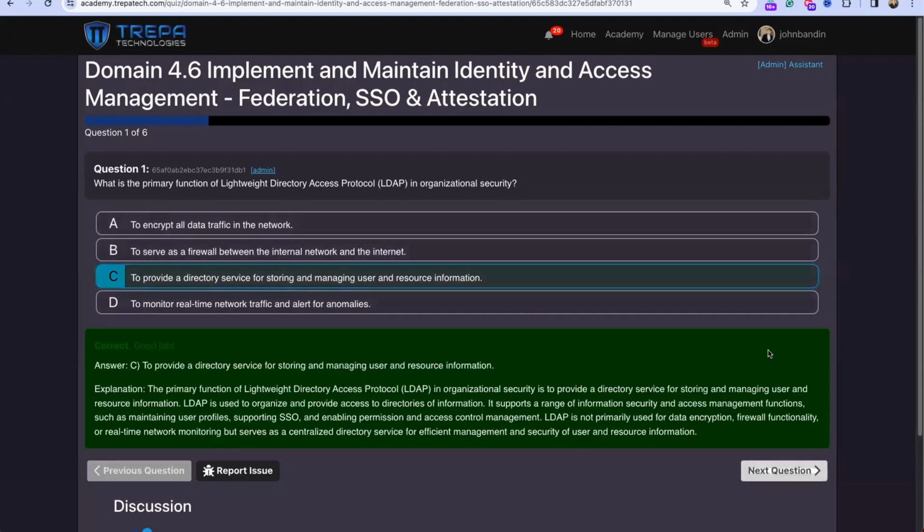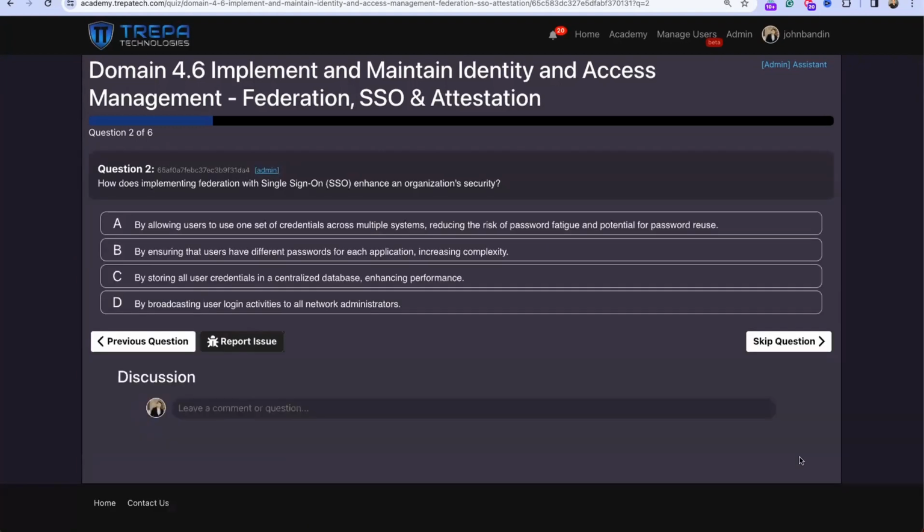That's going to be C, to provide a directory service for storing and managing user and resource information. This is Active Directory, right, guys? That's what LDAP does. It provides us with a way and a hierarchical nature to do account provisioning and to create user objects.